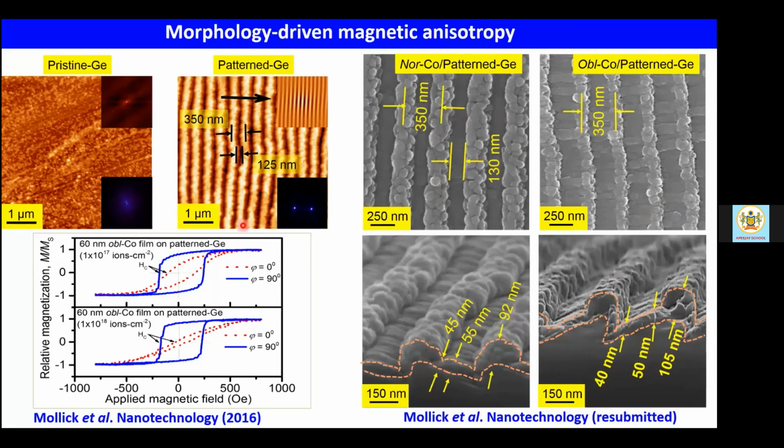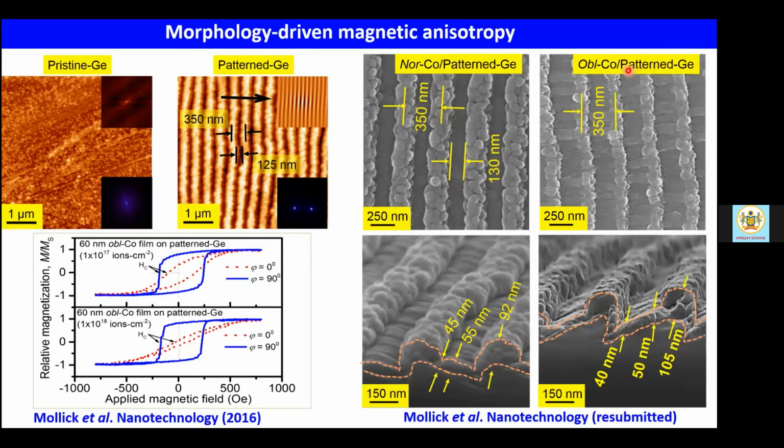Wavelength was 350 nanometer, and the width of these grooves was nearly 110 to 125 nanometer, depending on different substrates. When you grow cobalt at a normally incident flux, the cobalt grows in this form, absolutely conformal, mostly decorating around the ridges, and of course a little bit gets into these grooves also, why not?